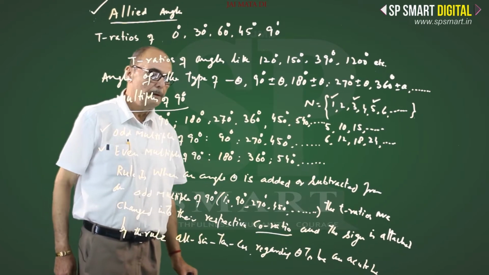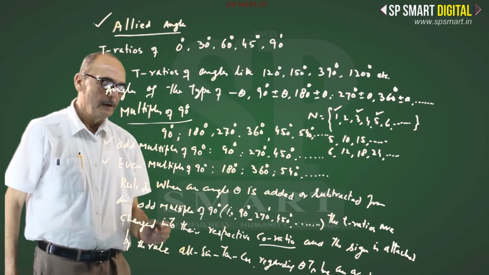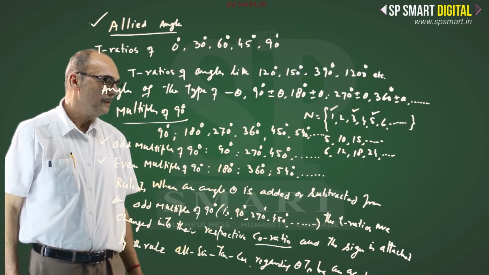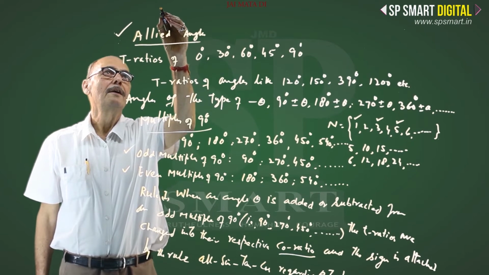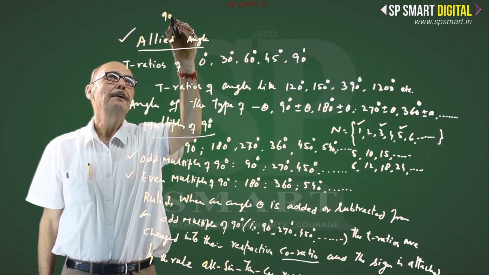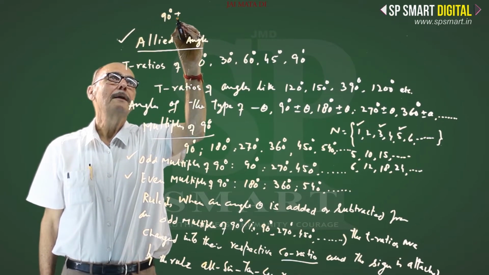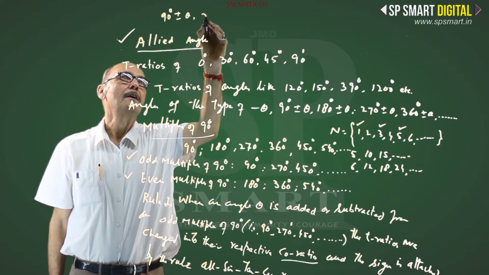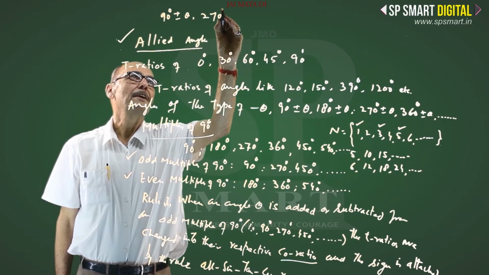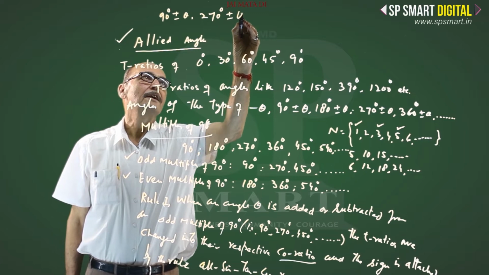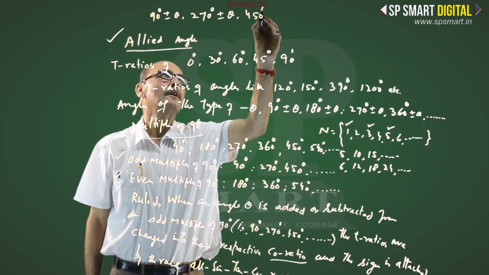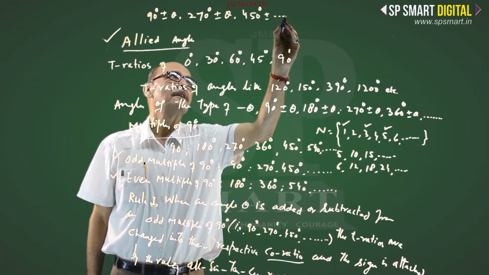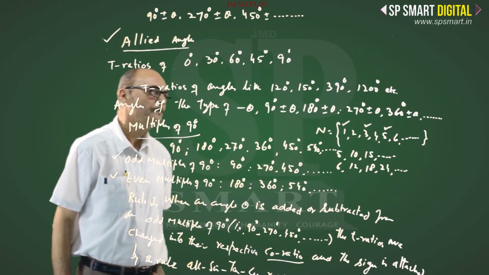Now, when we talk of this odd multiple of 90 degrees, we have 90 degrees plus or minus theta, 270 degrees plus or minus theta, 450 degrees plus or minus theta, if you have an angle like this.